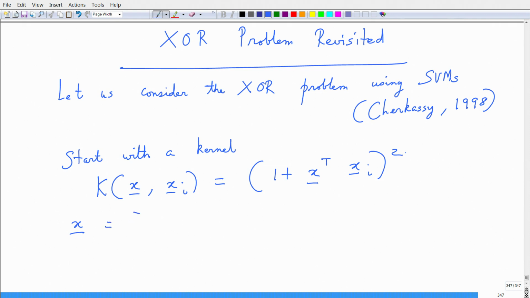So x is [x1 x2] transposed and xi has 2 coordinates xi1 and xi2, and this xi is [xi1 xi2] transposed.